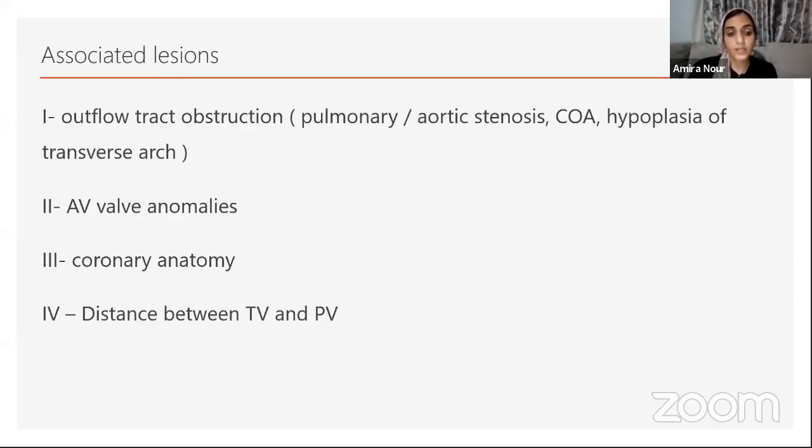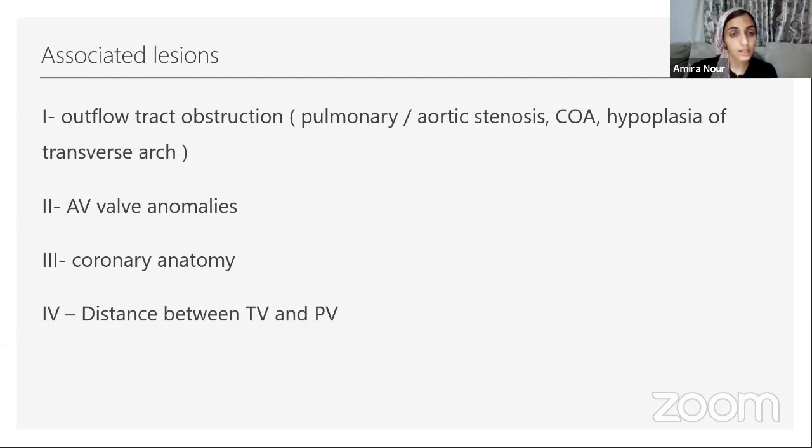I will go through the associated lesions with patients with double outlet right ventricle. We discussed some of them. As we said, the patient with DORV subaortic VSD may have an outflow tract obstruction in the form of subpulmonic or pulmonary stenosis. And patients with DORV subpulmonic VSD may have an aortic systemic outflow tract obstruction in the form of aortic stenosis, coarctation, hypoplastic arch.